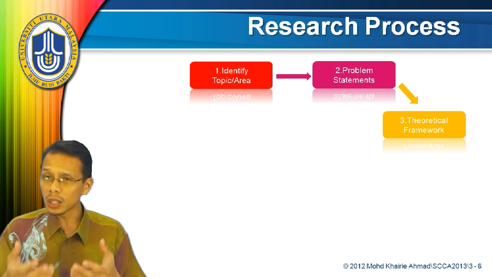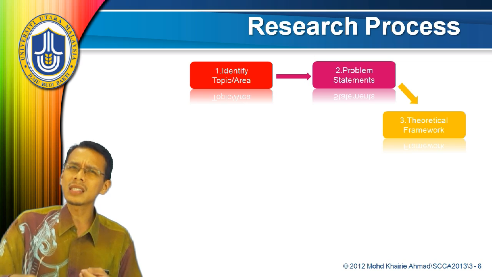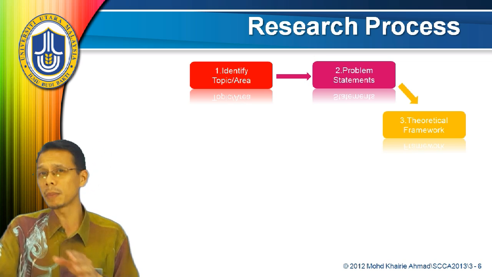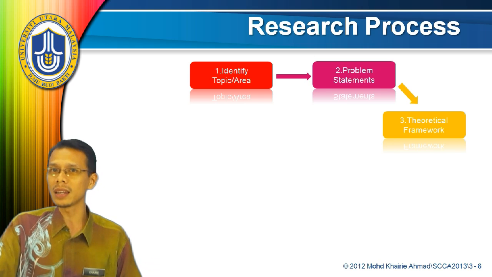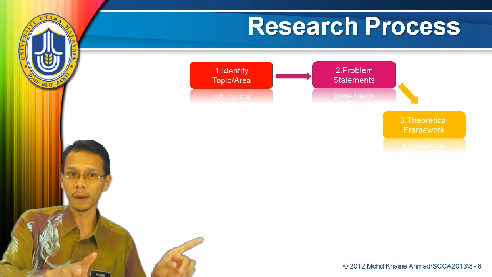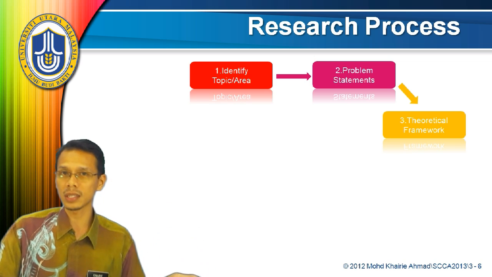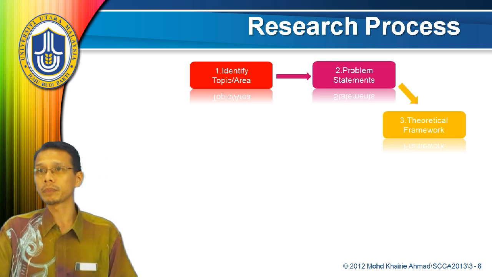In order for us to conduct research, to try to understand something, there must be a theory, or some models, or some explanation that is able to help us relate: if we want to know this, what is the effect? If we understand this, what are the consequences? This is what we call a theoretical framework.